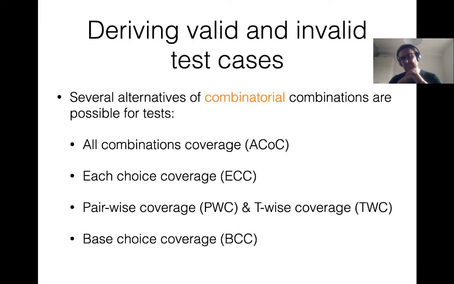So this can be called combinatorial testing. Once you have an analysis of the input into different classes, you can do many different combinations. All combinations coverage means that you ensure that you cover all combinations of the different classes, in a sense, for different inputs or conditions.